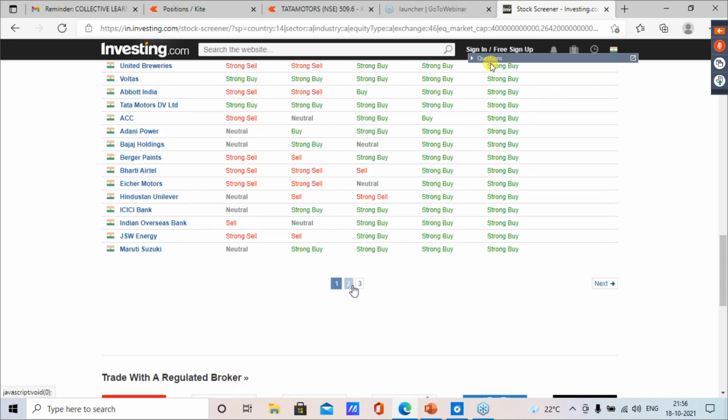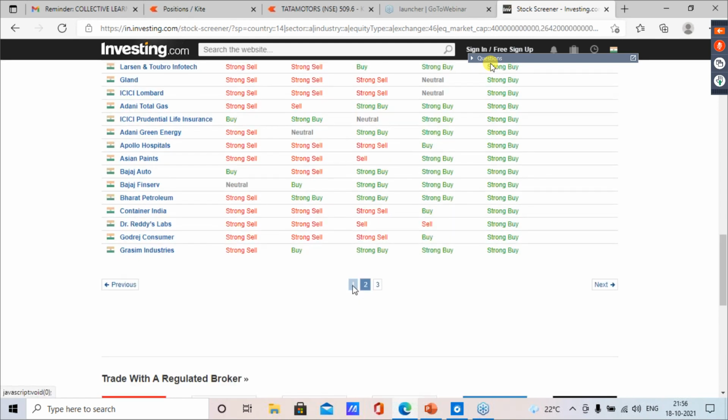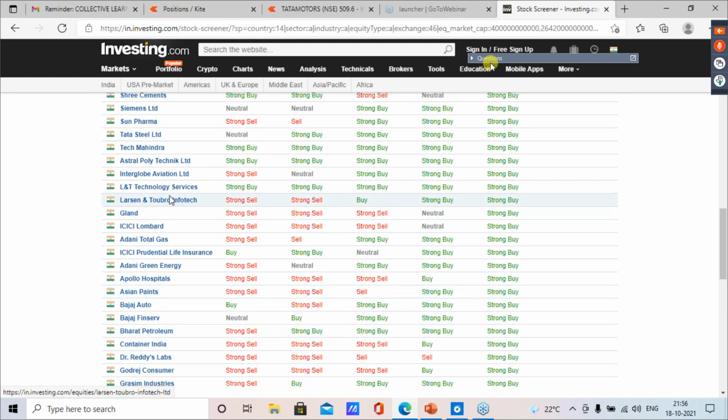We'll just explore other watch lists also. Do we have any strong buys like Mahindra, Astral Polytechnic? We have strong buy in these two.